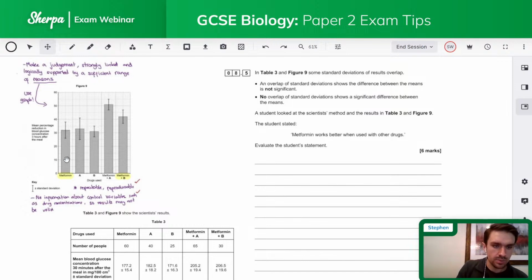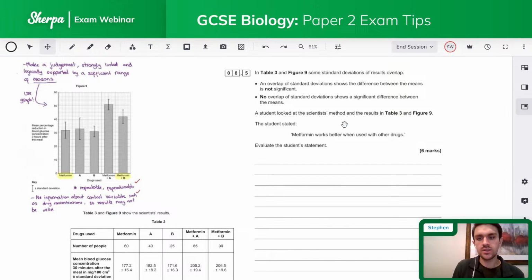In other words, because metformin and A and B all overlap, their standard deviations are overlapping, there is no difference in the effect of any of those drugs. If there is no overlap of standard deviations, there is a significant difference between the means. For example, metformin with drug A does not overlap with any of the single combinations. Okay? So that shows this is better than any of the single combinations.